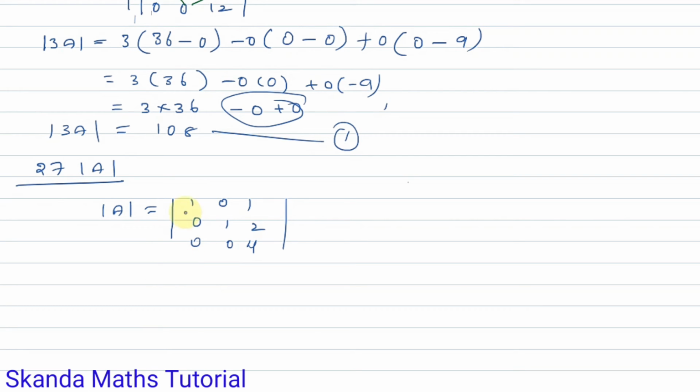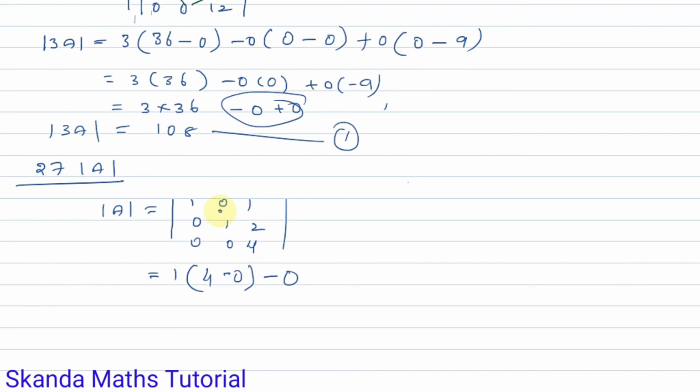Here also the first column is very easy. So 1 into 4, since this column and this row cancel. Then 0 into 2 minus 0. This column and this row cancel, leaving 1 2 0 4, so ad minus bc: 4 minus 0, the diagonal parts.